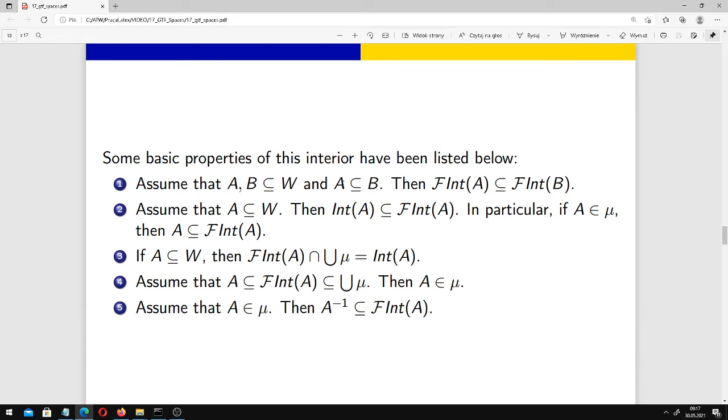As you can see, if A is contained in B, then the F-interior of A is contained in the F-interior of B, and so on. For example, if A is contained in the F-interior of A and the F-interior of A is contained in the biggest open set, then of course A is also open in the sense of this generalized topology. And you may check also other properties and the intuitions behind them.